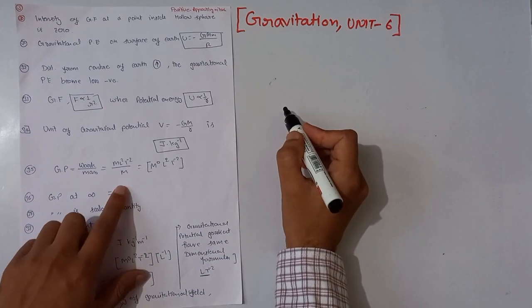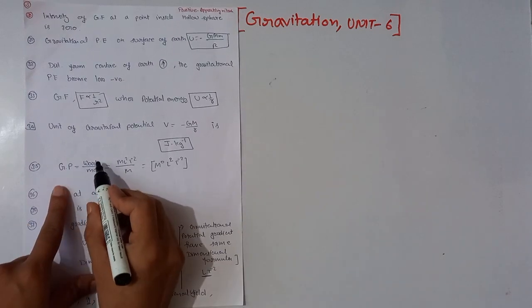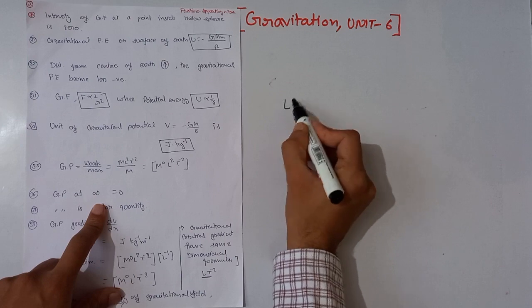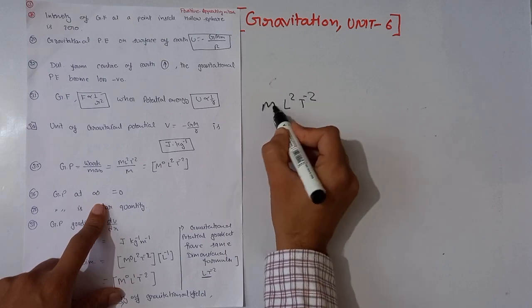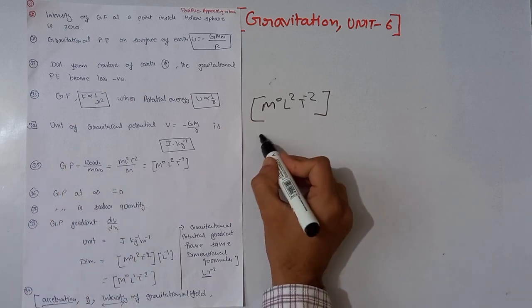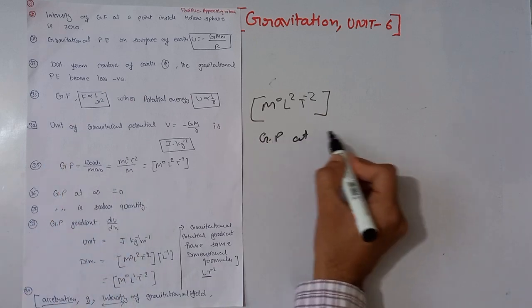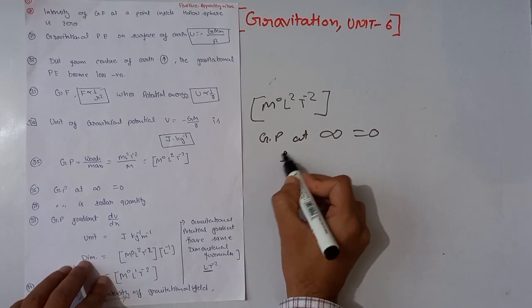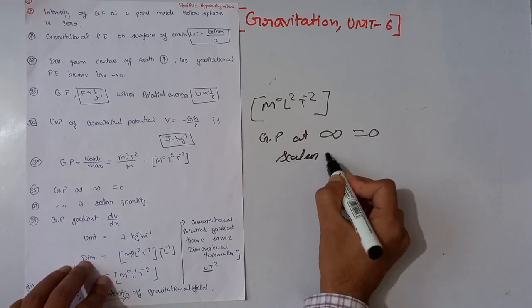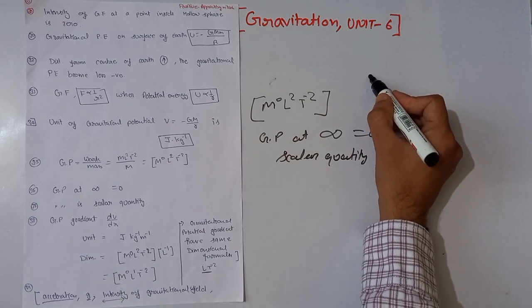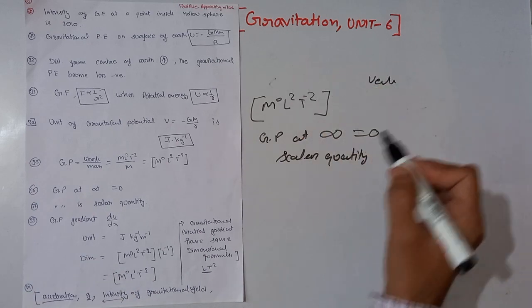Its dimensional formula is work divided by mass, which is ML squared T minus 2 divided by M, equal to L squared T minus 2 M0. Gravitational potential at infinity is always equal to 0. Gravitational potential is a scalar quantity, and gravitational intensity is a vector quantity.